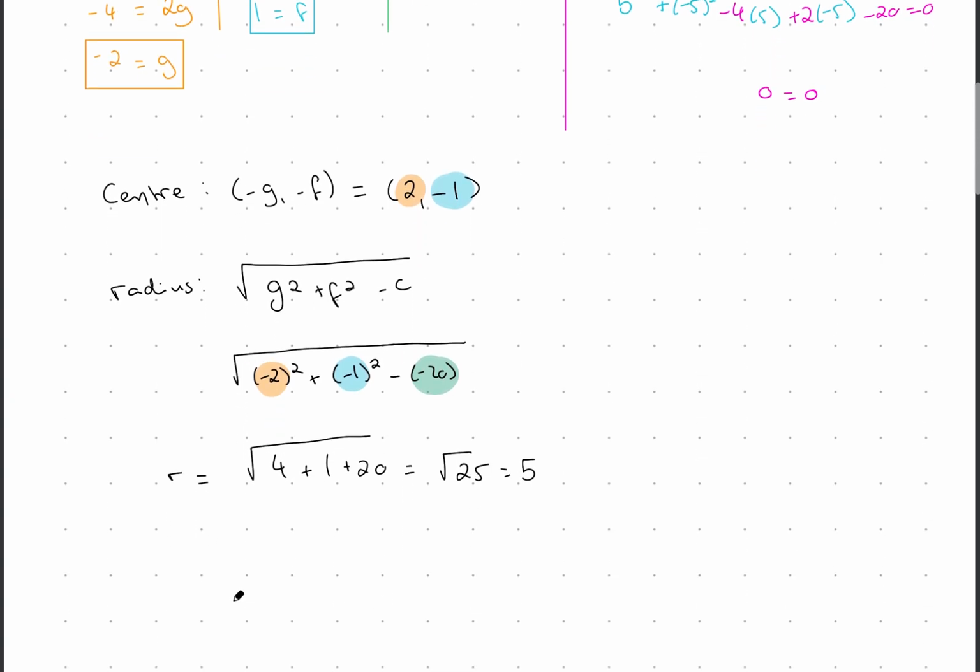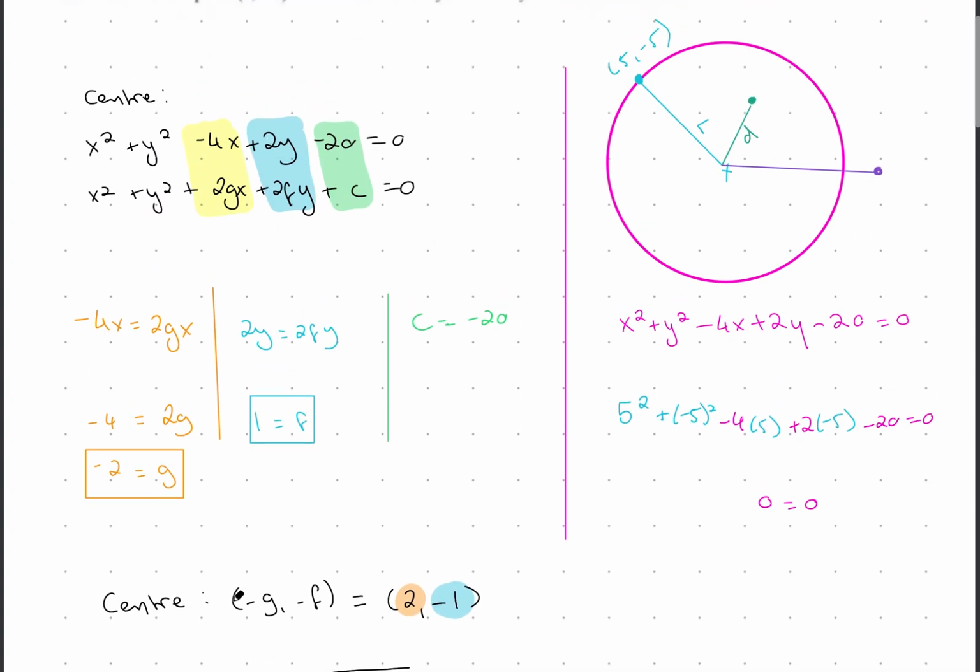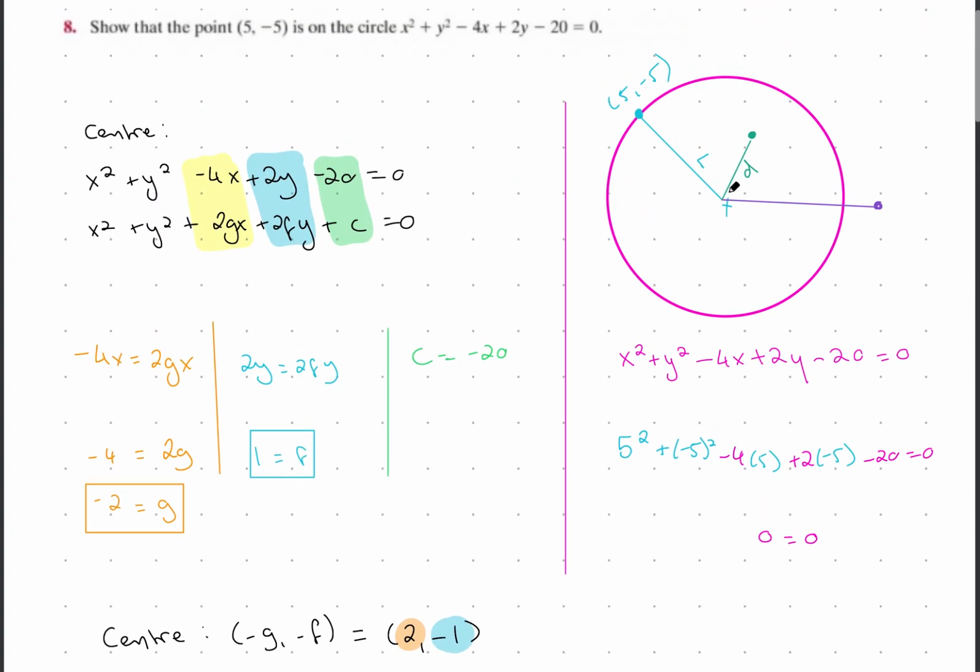Now remember what we said the connection between the centre, the radius and the point was. If a point is on a circle, the distance from the centre to that point is the radius. If the distance between the point and the centre is less than the radius, if it's closer to the centre than a point on the circle, it's within the circle, and if it's outside the circle, we're going to get a value that's bigger than the radius itself.